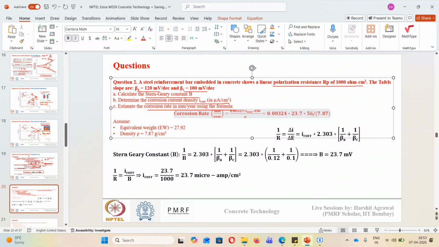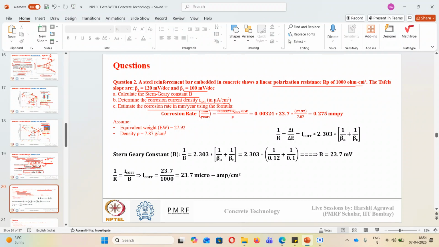Equivalent weight is molecular weight divided by charge, so that is 56 divided by 2, and it is 27.92 exact value. When you substitute all the relationships, this comes out to be 0.275 mmPy. This is the rate at which corrosion is occurring on the steel surface for this much polarization resistance and this much current density.